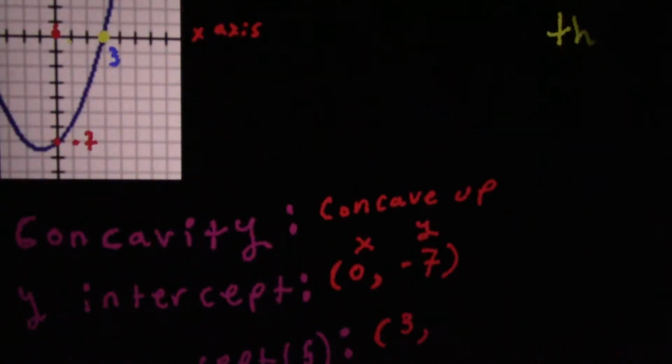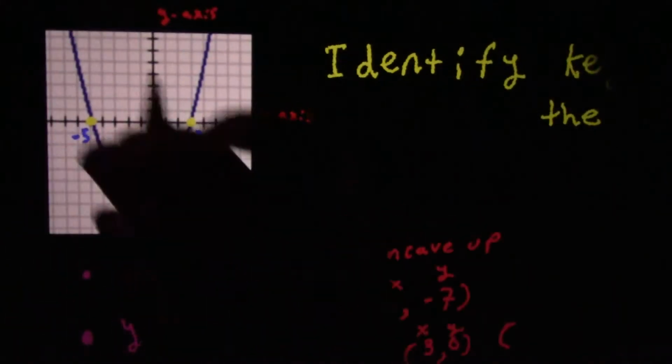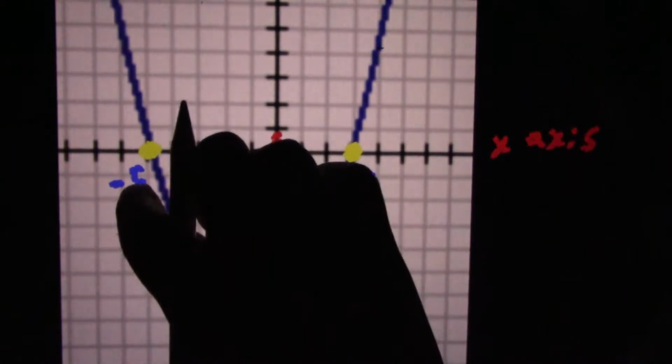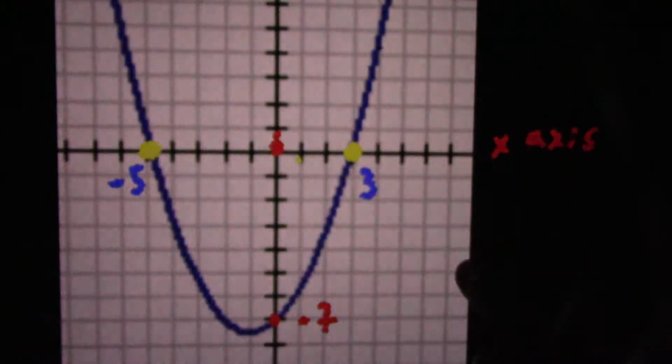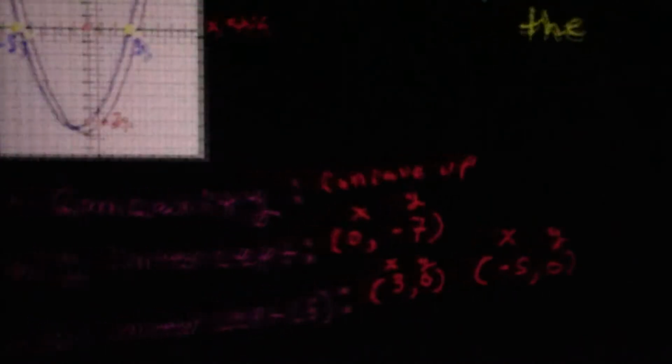So the x-intercept is 3, 0. X is 3, y is 0. And then our other x-intercept, can you guess it? It's going to be -5, 0. When x is -5, y is 0. Those are the x-intercepts.